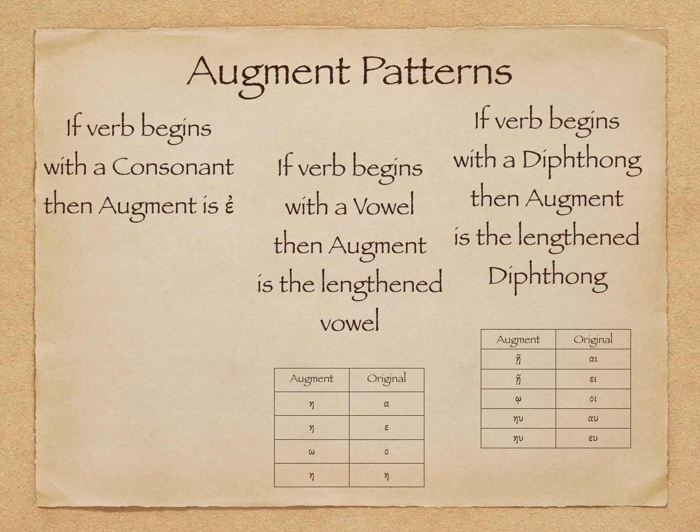If the verb begins with a vowel, then the augment is lengthened. Alpha lengthens to eta, epsilon to eta, omicron to omega, and eta stays the same. And then there's a diphthong pattern as well. If the verb is alpha iota, then you have an eta with iota subscript. You can see the rest of the pattern there. You just need to memorize these, be familiar with them, and they will become familiar as you read through the Greek New Testament.